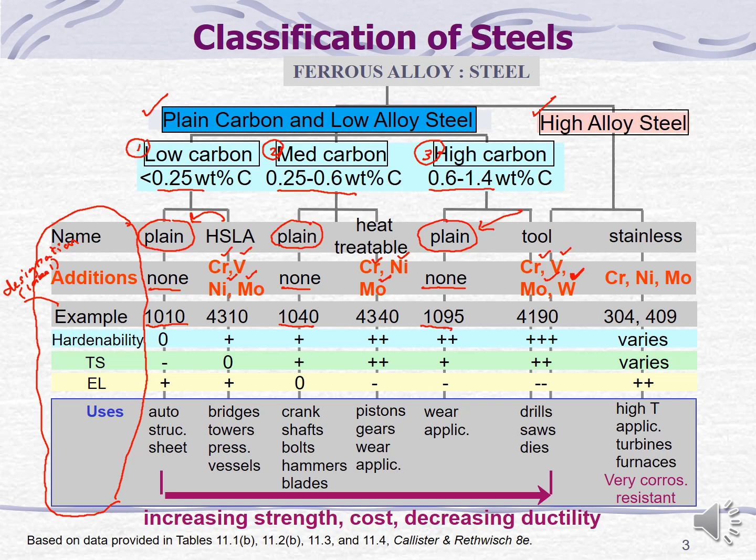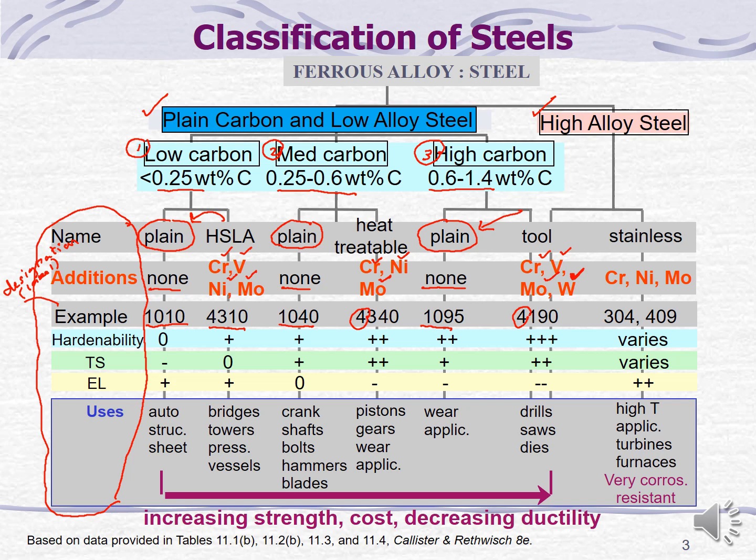And for other groups like HS, high strength low alloy, heat treatable, and tool, they start with 4,000 something. We start with digit 4. Okay, after this we will look at how to read the designation of the steels.